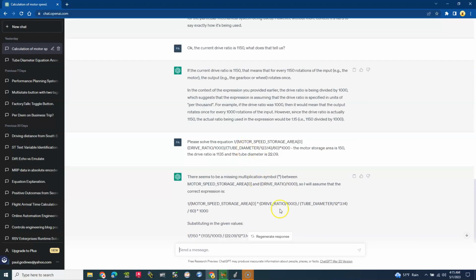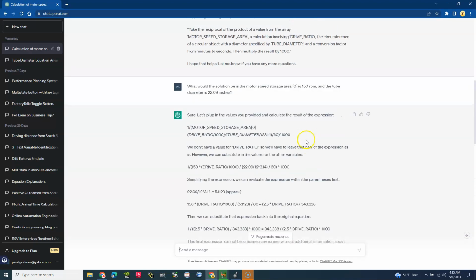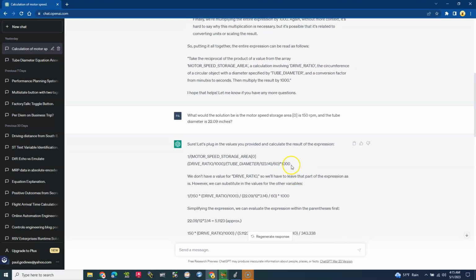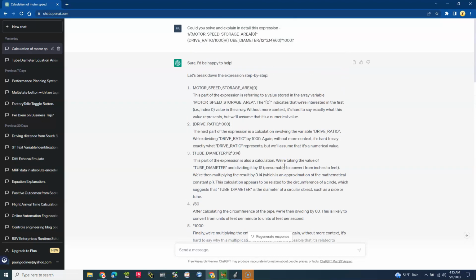The tube diameter, 22.09 inches, divided by 12 times 3.14. Right there we've got a mistake. That is a mistake, and we will not get the correct answer because of it. It's divided by 12 times 3.14. So let's go back up here and get our expression once again.